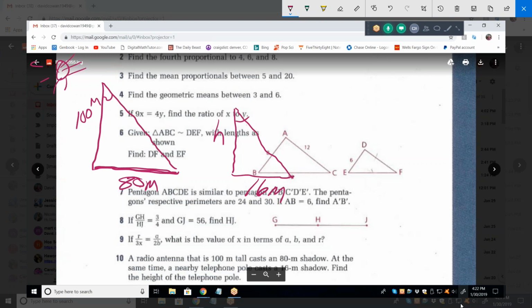Merely because the sun is some number of millions of miles away from the earth, according to these two objects, this antenna and this telephone pole, the sun is hitting them at the same angle. So this angle is the same as that angle. Those are both right angles. That means this angle is the same. We have two similar triangles. Give me an equation to relate them.